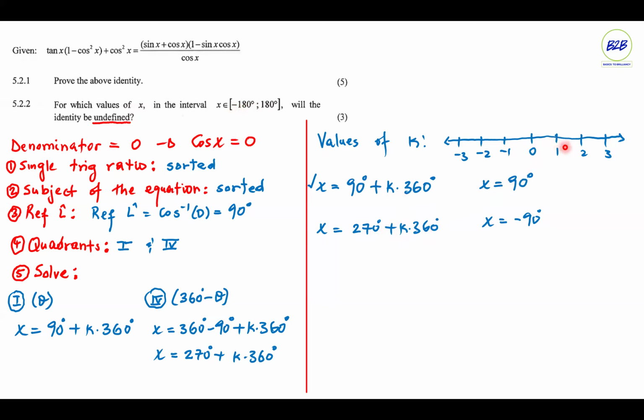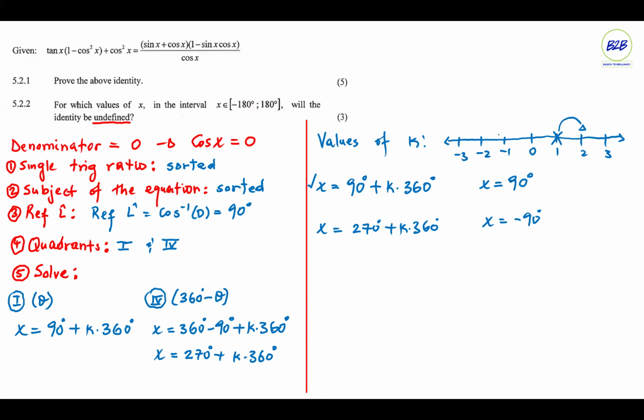Then you go up to 1. You take k equal to 1 and substitute here. You get something even greater than 270, which implies that 1 has failed for this equation. We don't have to go up to k equal to 2.